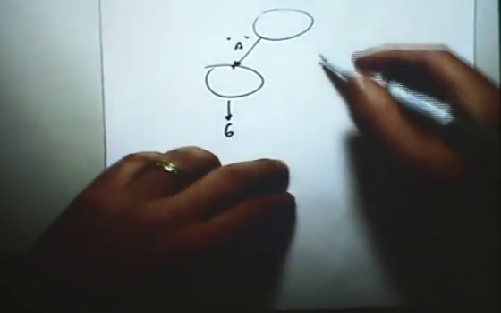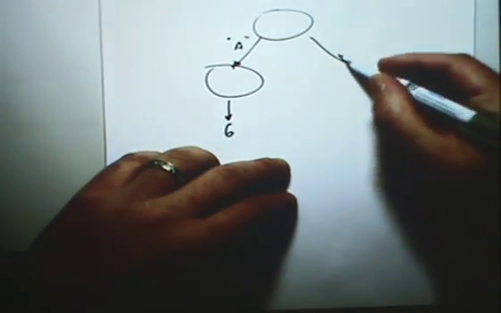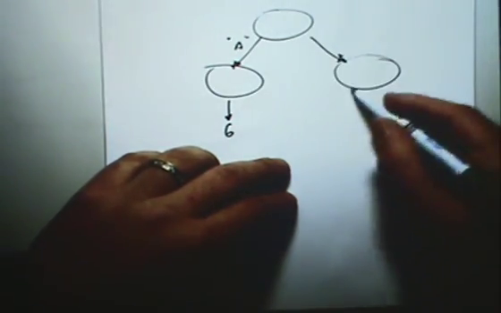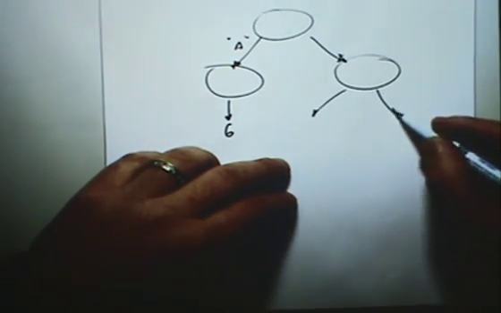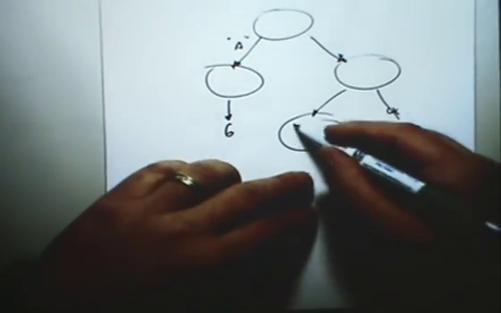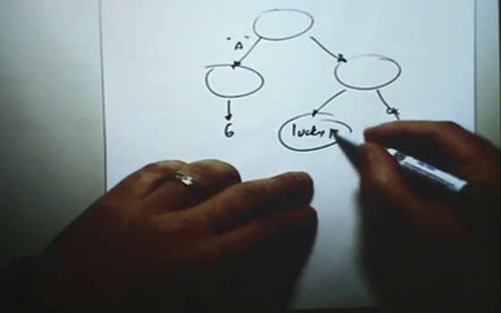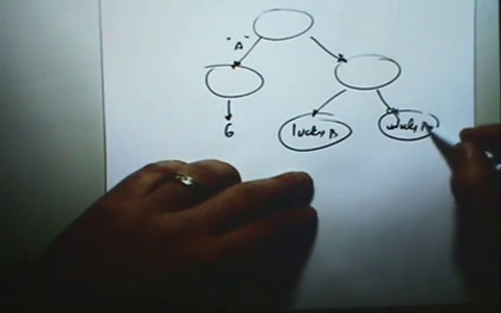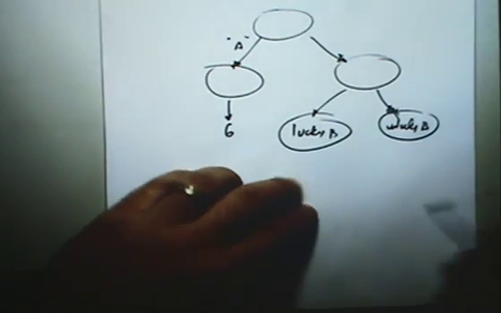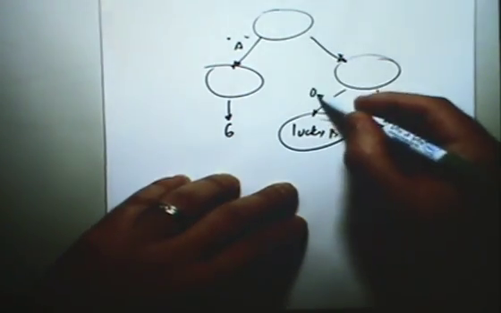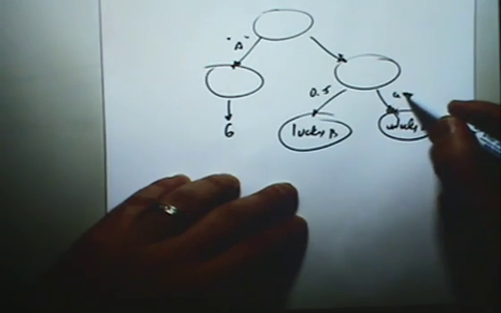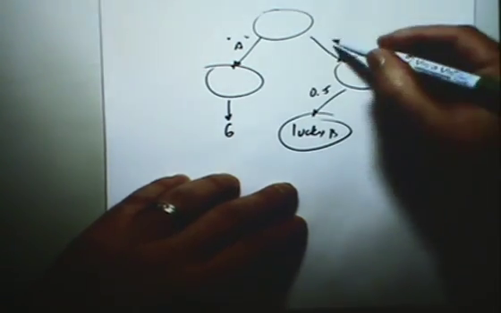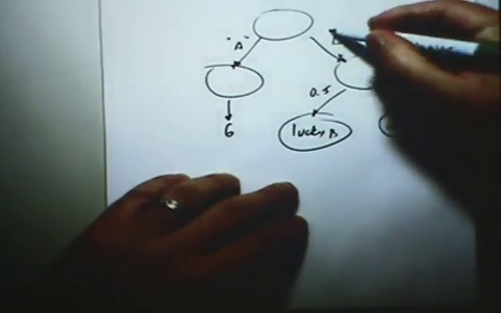If you pick B, you will go to a state where there are two other possibilities. This is lucky B, and this is unlucky B. There's a 0.5 chance of each of these. This is the B choice from your start state.